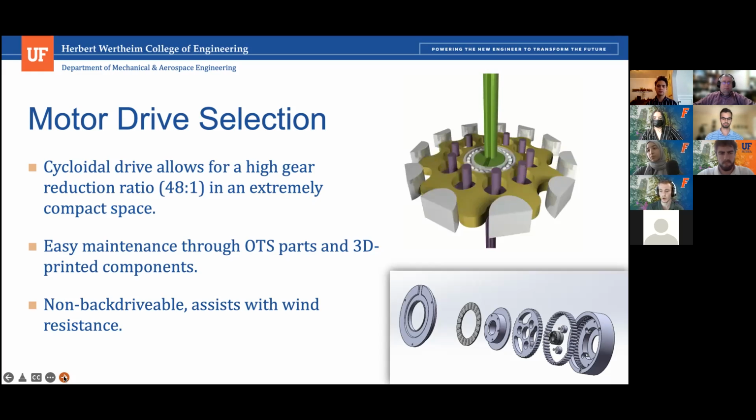3 M3 screws are screwed into the back of that, and those act as the purple pins in the top animation. Then 3 more M3 screws screw into the other side, and that attaches to another 3D printed part that attaches to the PVC.